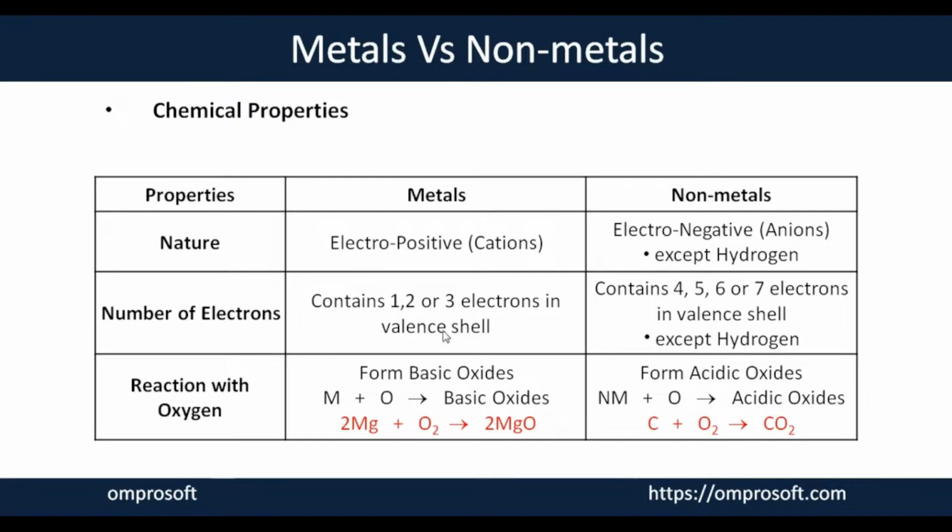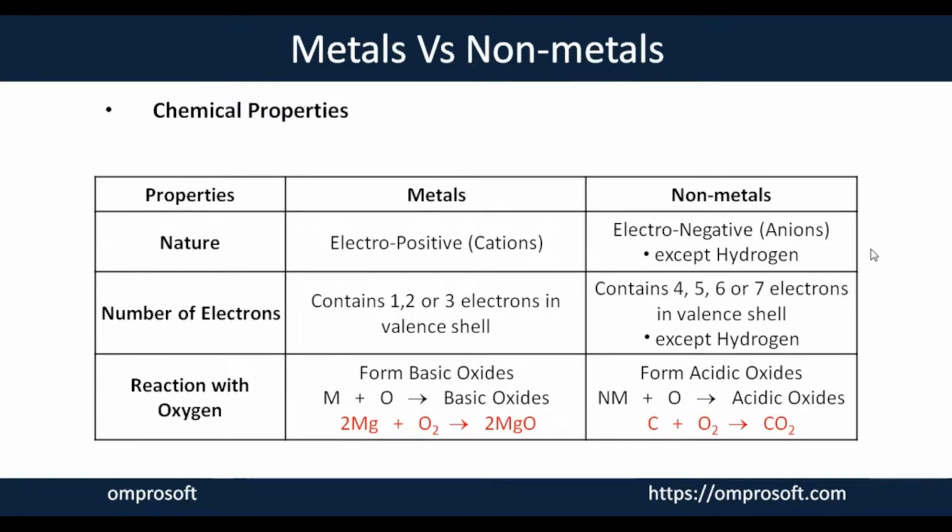They have fewer electrons in their outermost shell, so they easily lose electrons and give them to other elements, requiring less energy to do so. That is why metals are electropositive in nature.